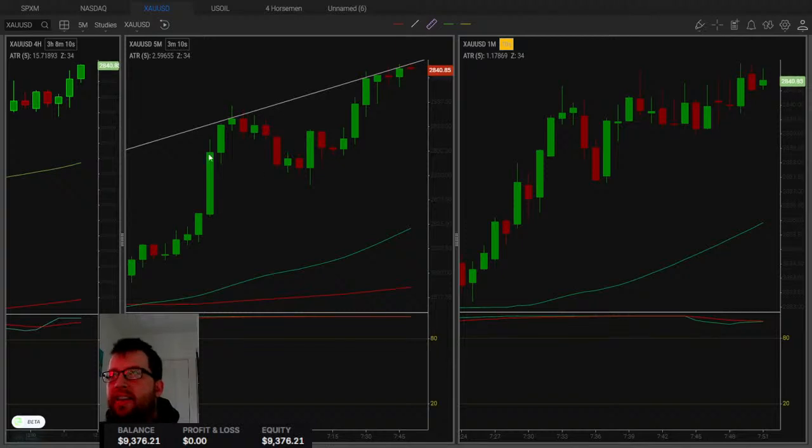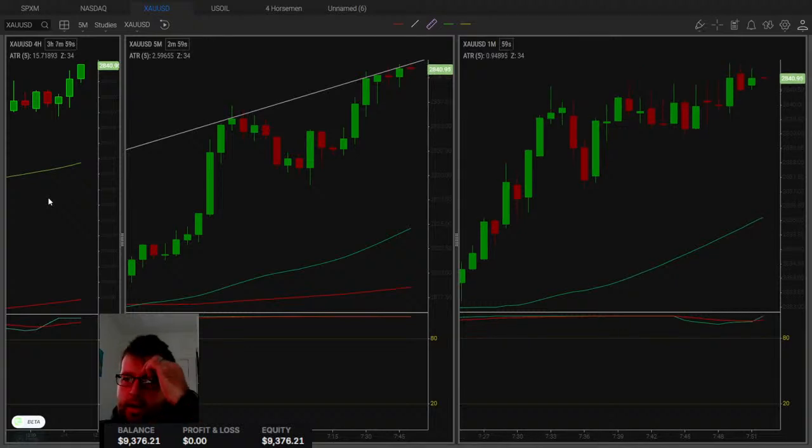And this is our 5-minute chart right here. 4 hour, 5 minute, 1 minute. So our 4 hour is just determining which direction we're going to be taking trades. And today we're only looking at going long.